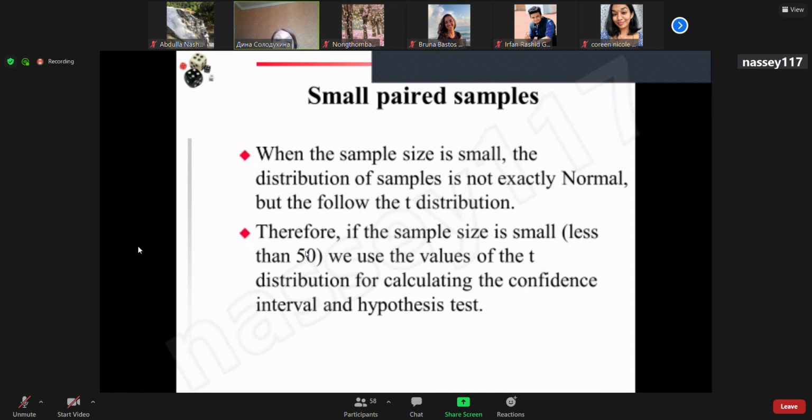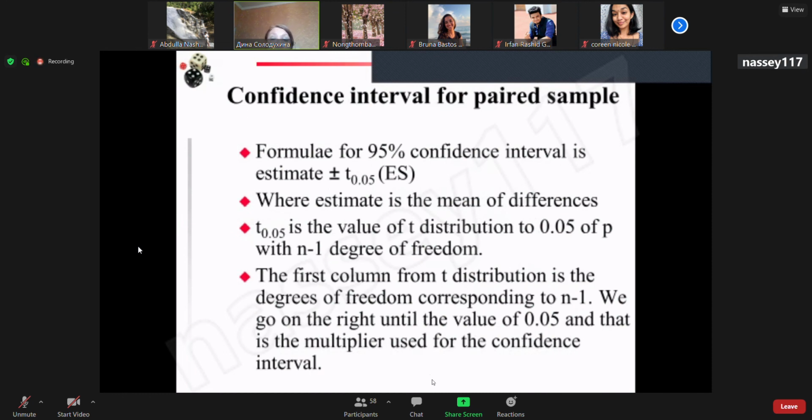So we use the values of the t-distribution for calculating the confidence interval and testing hypotheses. Here we have exactly the same principles, just we use not z, but t, and our estimation of the interval will be parameter plus or minus t times standard error.